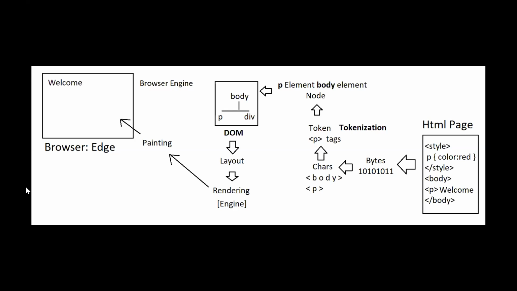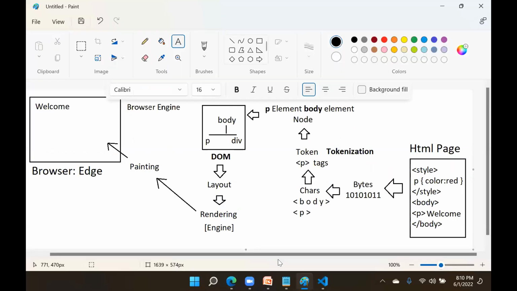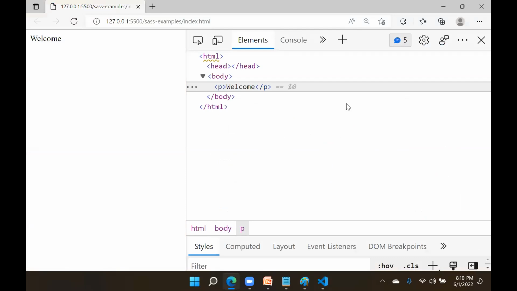Actually, we can see the process happening. Not everything, but suppose you see now, this is the page. What I will do here is go to the debugger tools, to Performance.